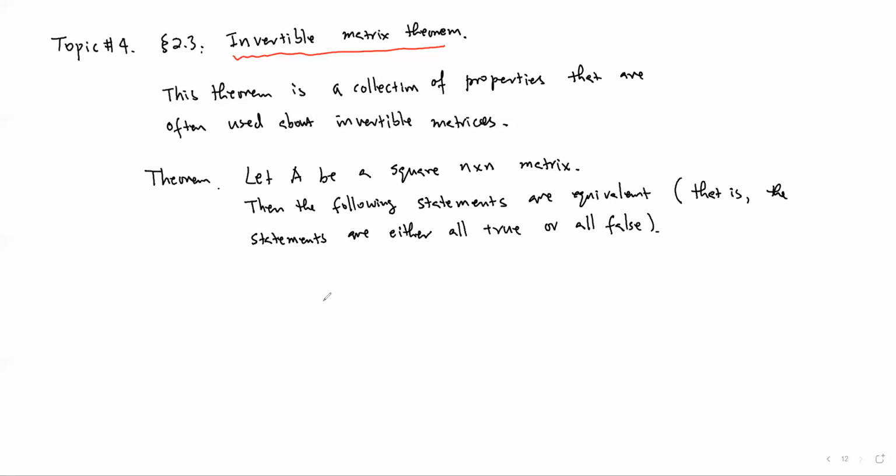Now, there are 10 statements. Number 1, A is an invertible matrix.